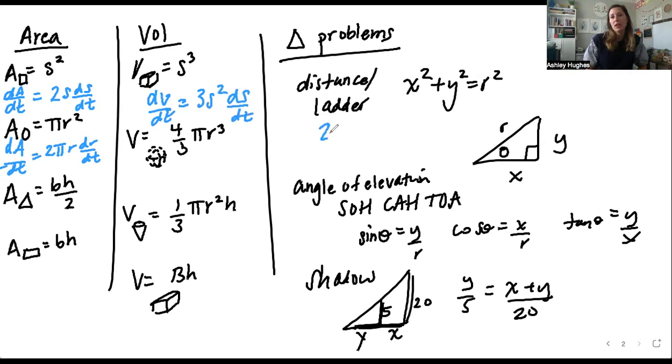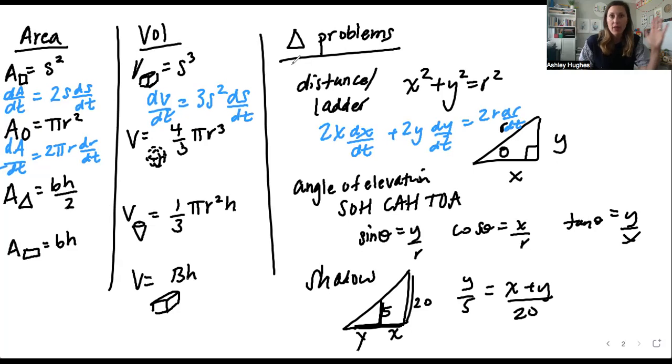If I took the derivative here, it'd be 2x dx dt plus 2y dy dt equals 2r dr dt. So basically you're taking the derivative of everything using the power rule or the product rule if applicable, and you're always writing d whatever variable dt after it. So keep that in mind as we work through the problems, okay?